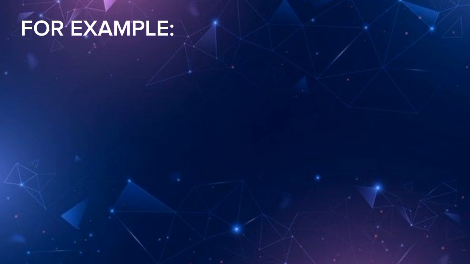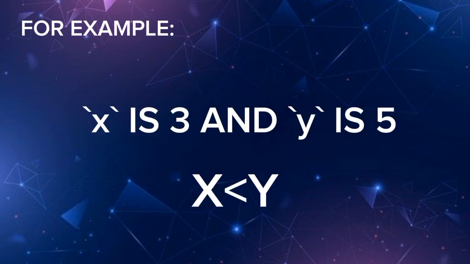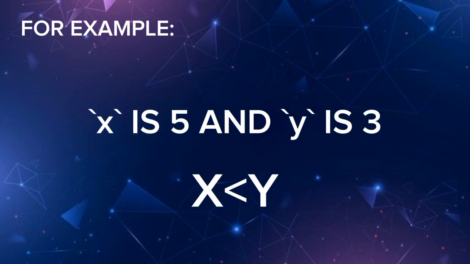If x is 3 and y is 5, then x <= y is true because 3 is less than 5. And if x is 5 and y is 3, then x <= y is false because 5 is not less than 3.